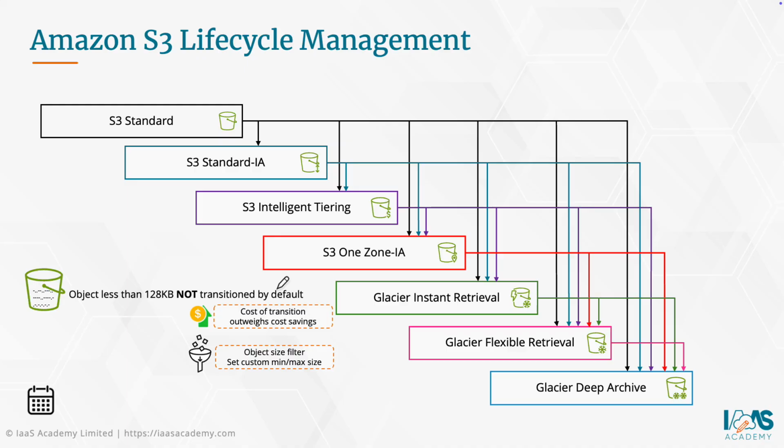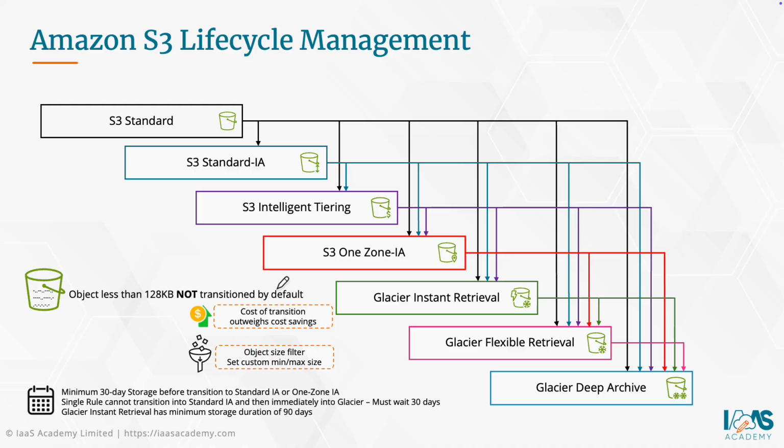The other thing to be aware of is that there are minimum storage durations. For instance, there's a minimum 30-day storage before you can transition into Standard IA or One Zone IA. So that's from the standard class. Data needs to reside in the standard class for at least 30 days before you can put it into IA or One Zone IA. You also cannot use a single rule to transition into IA and then immediately into Glacier.